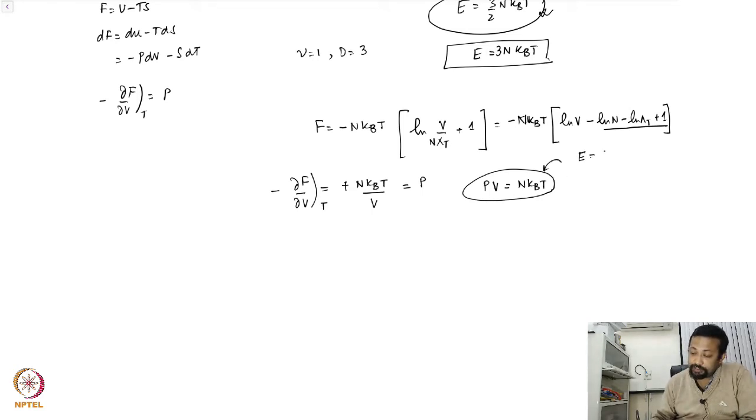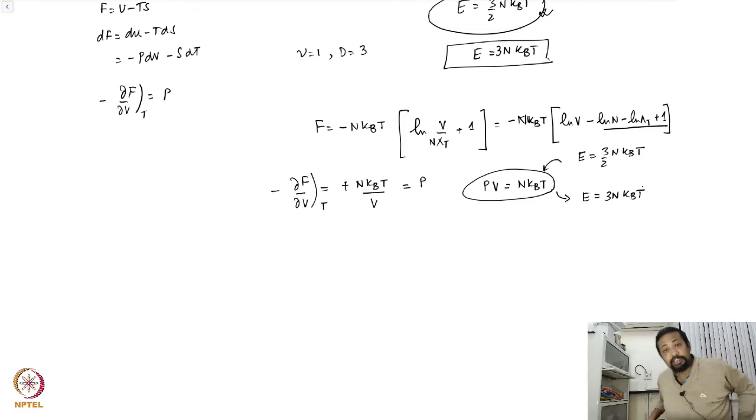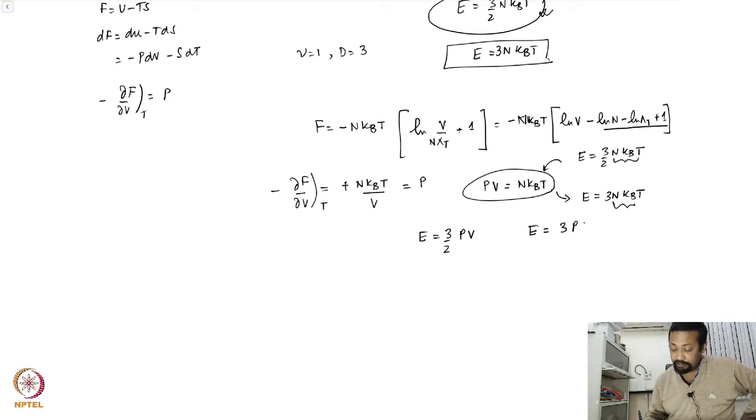For a non-relativistic gas, the energy is going to be 3/2 nkBT, whereas for a relativistic gas the energy relation is different. So nkBT is PV. I replace this with 3/2 PV for a non-relativistic gas, and for an ultra-relativistic gas this is equal to 3 PV.